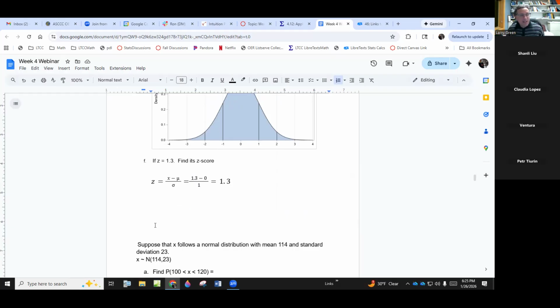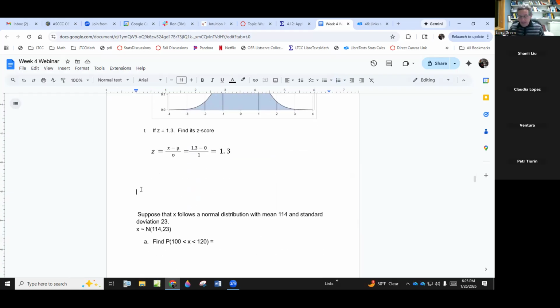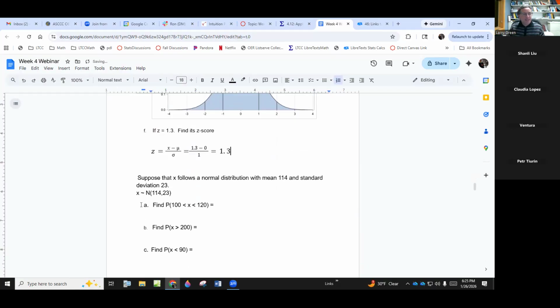Okay, so the next one, now we're going to have a new one. We're going to have a bunch. Okay, now suppose that x follows a normal distribution with mean 114 and standard deviation 23. Find the probability that x is between 100 and 120.